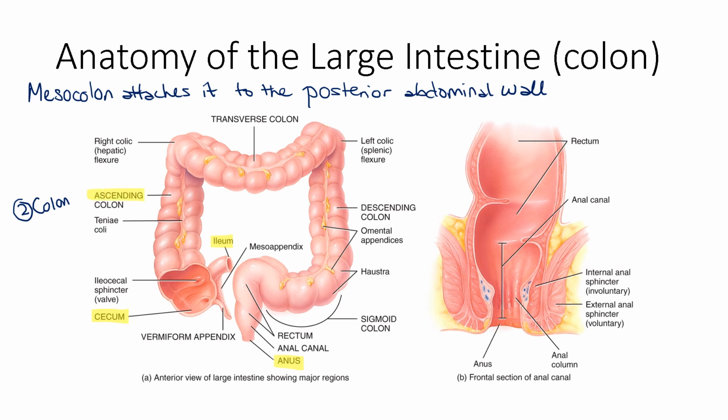So we have the ascending colon, the transverse colon, and then the descending colon, which are all part of the colon. And then there is the rectum and the anal canal. So the first part is the cecum. These are the four parts of the large intestine again: cecum, colon, rectum, and the anal canal.